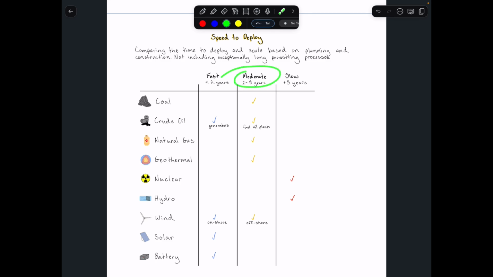And then the resources that take 2 to 5 years are the ones that don't have as many factory components. The resources that can be built very quickly are typically mostly assembled in a factory, so it's this very quick product build out.